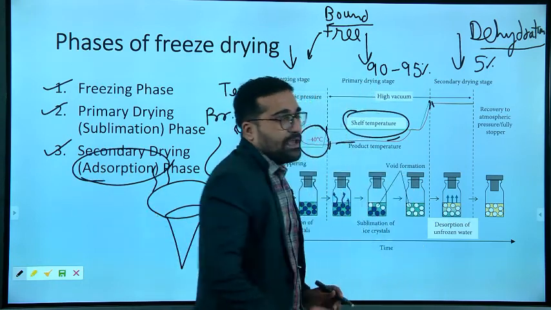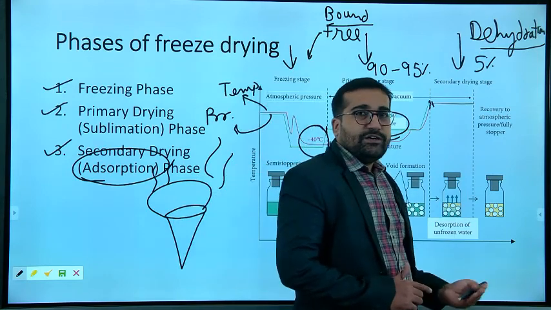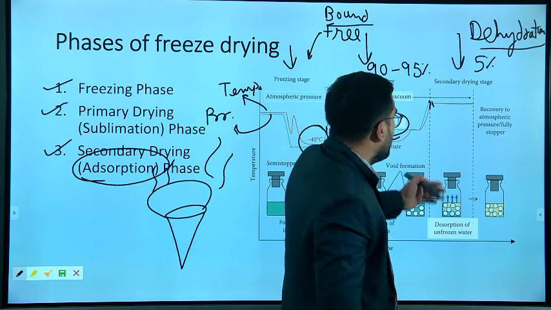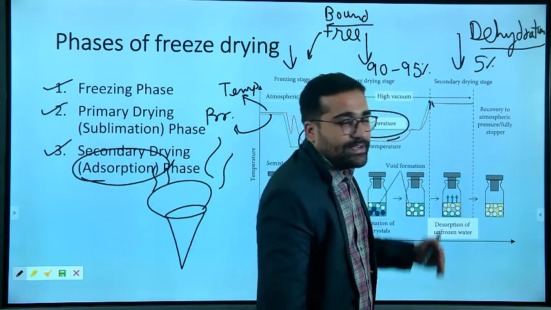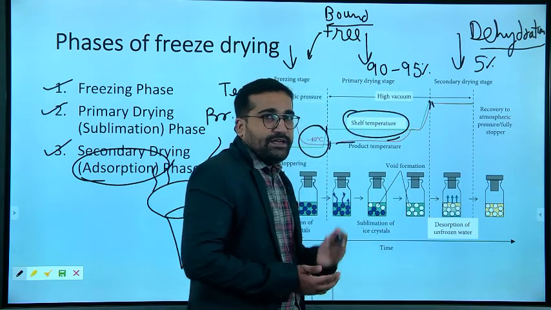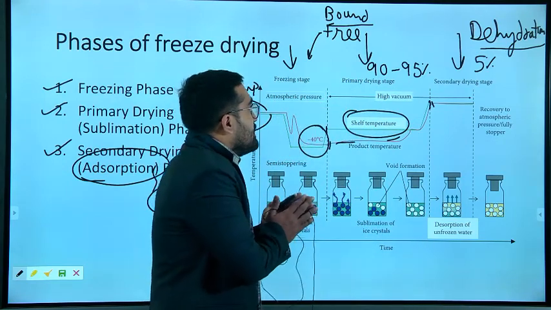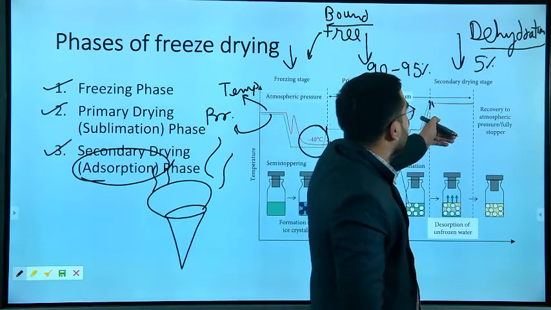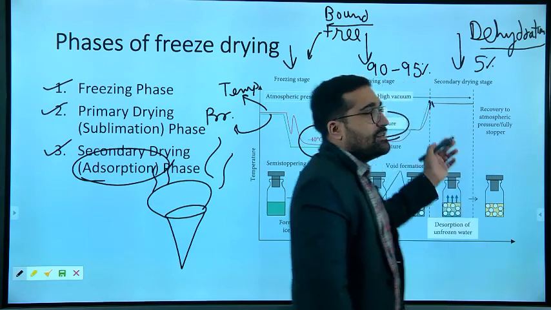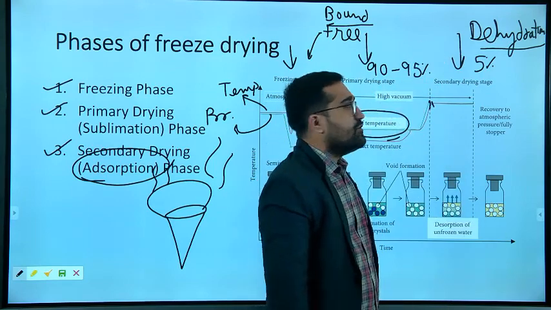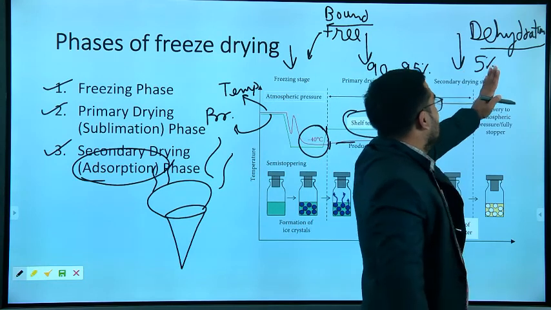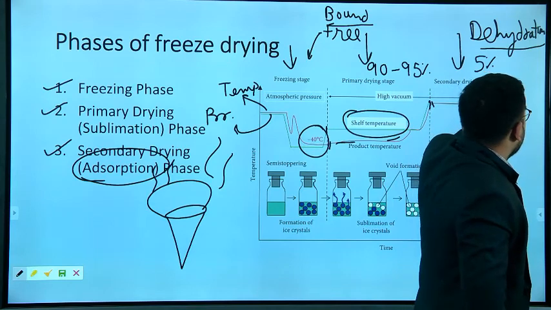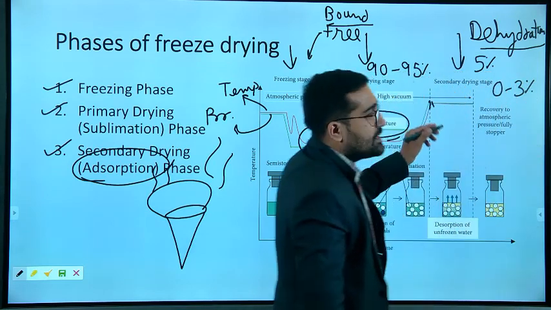Okay. We supply certain stabilizer or certain type of media through the food matrix, so that the bound water can be released, or we try to make this bound water free from the structure. Okay. So, with the help of media, we perform the secondary drying, and then we can remove the remaining 5% of water. Okay. And after the secondary stage of drying, we can achieve 0 to 3% moisture content in the product.